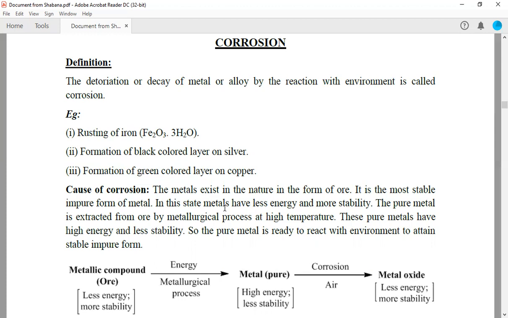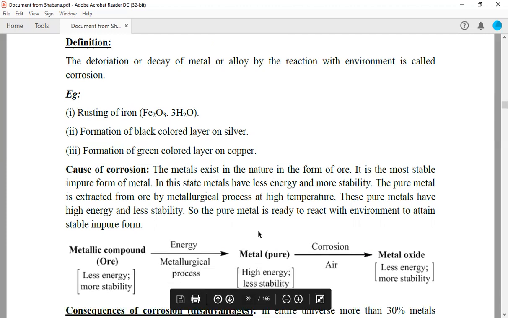Hence, the isolated pure metal is regarded as being in an excited state compared to the corresponding ore. These excited states of the pure metallic form have higher energy and less stability.